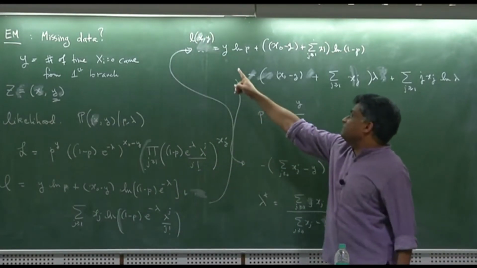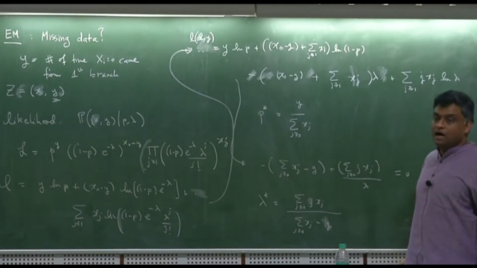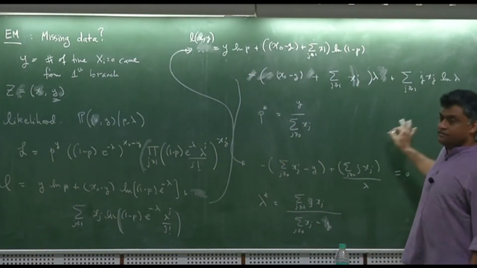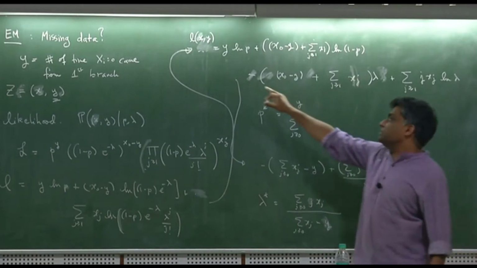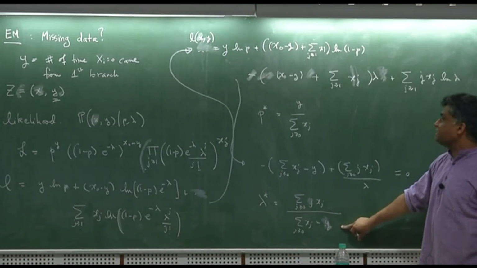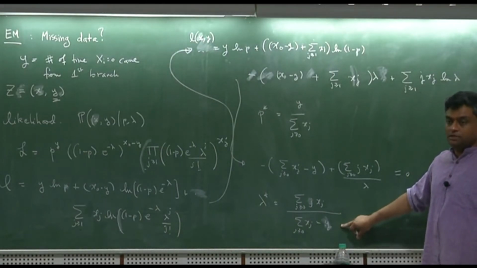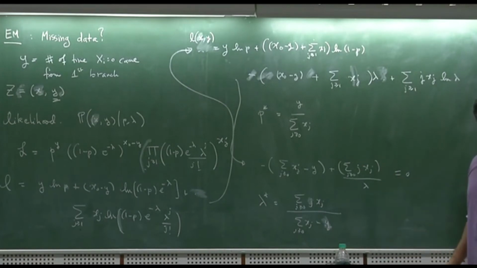The missing part, if I take the expectation, I just basically have to compute the expectation of y. Nothing else. Everything else is the same. Wherever I have y sitting, I just have to replace that by the expectation of y. And my calculations will be done at that point. Right? Does everybody get what I'm saying? I just have to compute the expectation, and at that point I'm done.